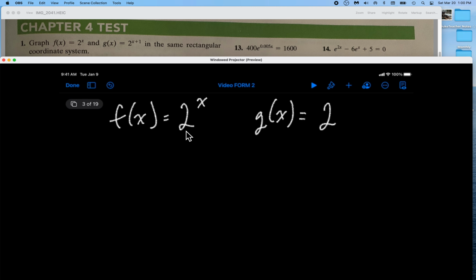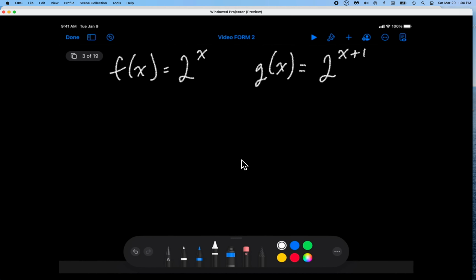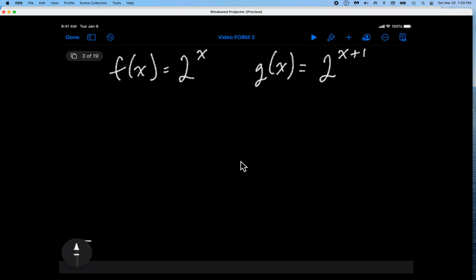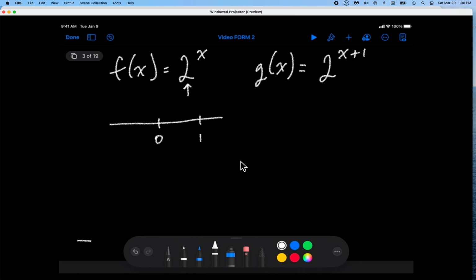Let me just get the other one down. In order for a function to be exponential, the base has to meet certain criteria. And it's best to just look at this number line, in my opinion. 0 and 1 are going to have open circles.